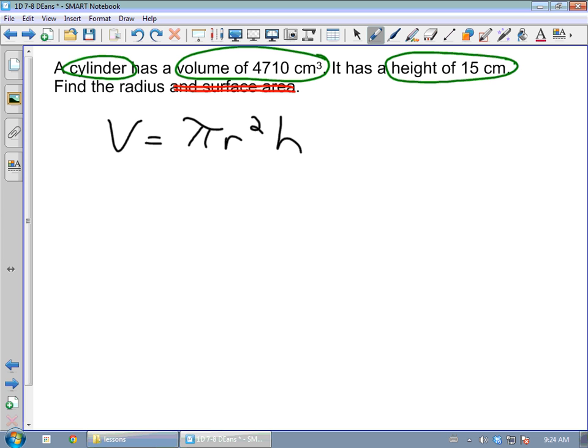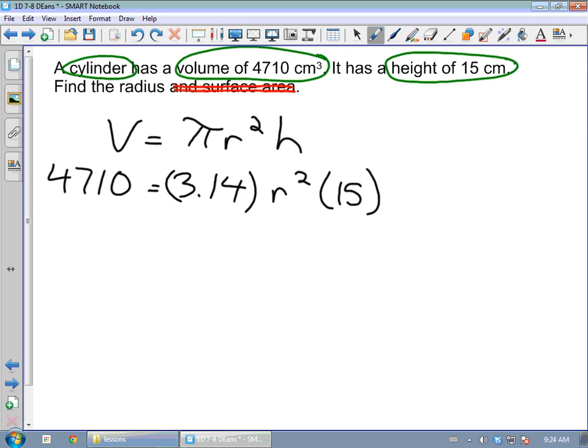From this formula, we start subbing in the information we're given. We sub in 4,710 for the volume. We know pi is 3.14. We don't know the radius, so we'll leave that as r. We know the height is 15. This is an equation that we want to solve for r.